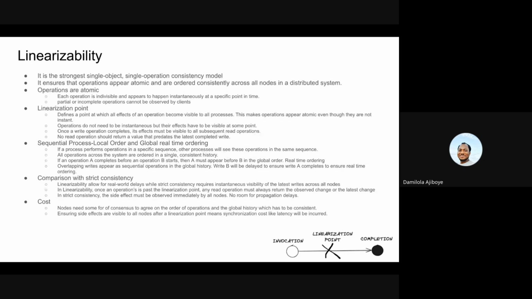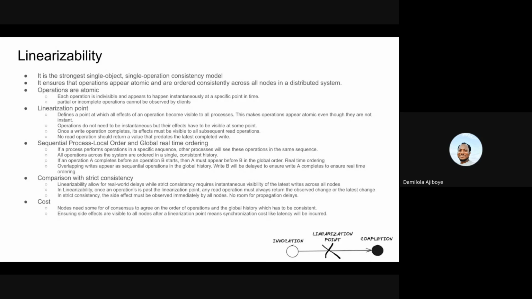Yeah, so the cost of linearizability is mainly in the synchronization that is required, especially when we talk about the linearization point. For every operation, to pass the linearization point, the requirement that the side effects of that operation should be visible to all nodes needs to be ensured.